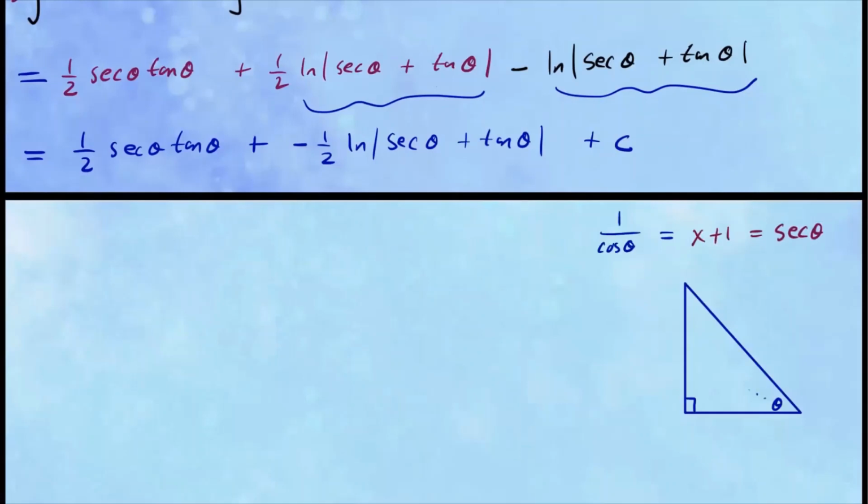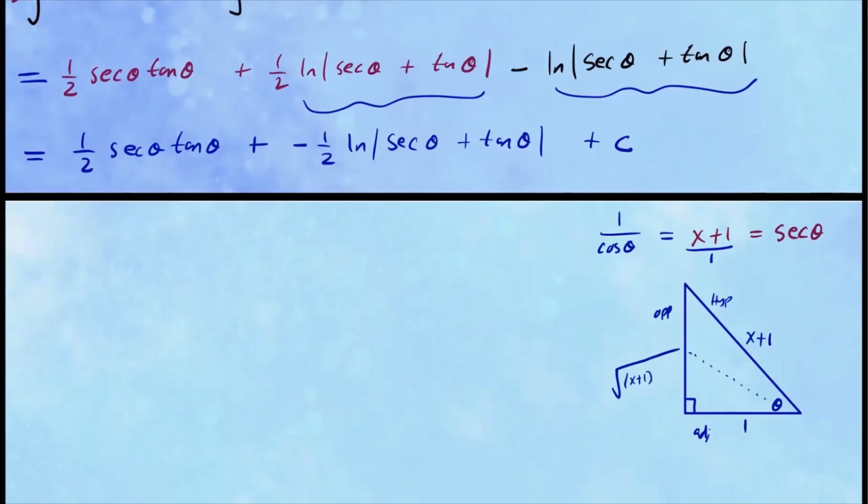So if that's theta, then this is the opposite length. Here's the adjacent. This is the hypotenuse. So cosine is adjacent over hypotenuse. So secant would be hypotenuse over adjacent. So this is the length x plus 1. Adjacent is right here. So that means the opposite length would be the square root of x plus 1 squared minus 1.